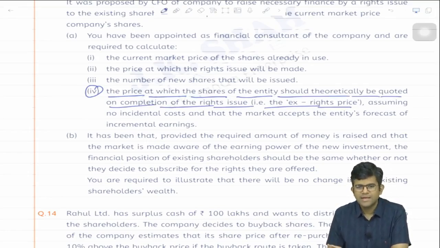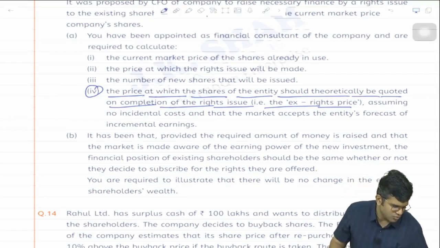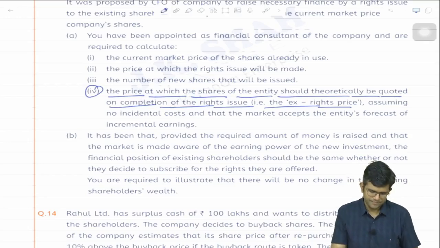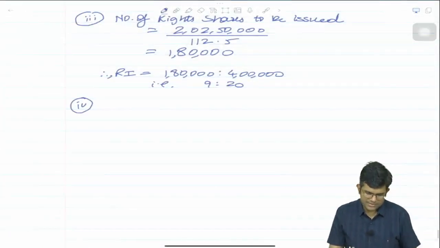Which means they are asking you theoretical ex rights price. Do you remember this concept, ex rights price? So in this, what is to be done? Very simple. Theoretical ex rights price. Listen.